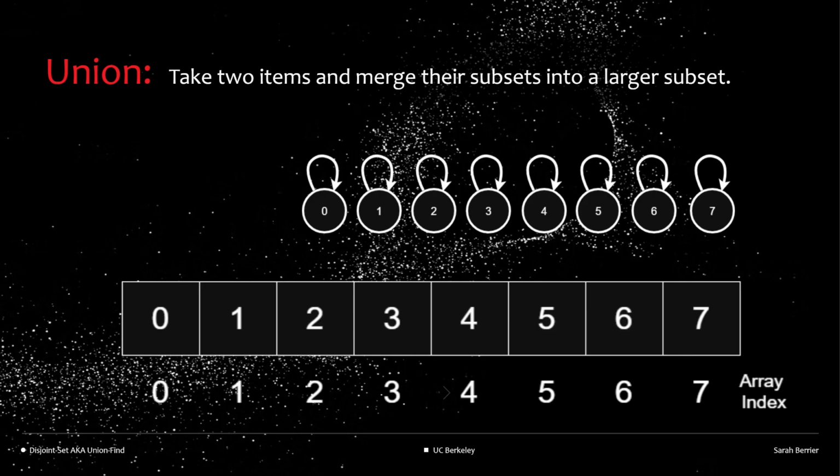So let's see how this looks. So we're going to union 1 and 3. So previously, everything's pointing to itself. And we come in and we say 3 now points to 1. And you can see both visuals of this.